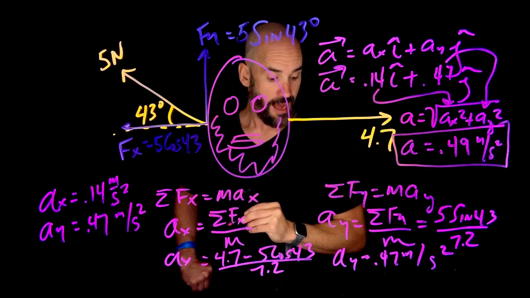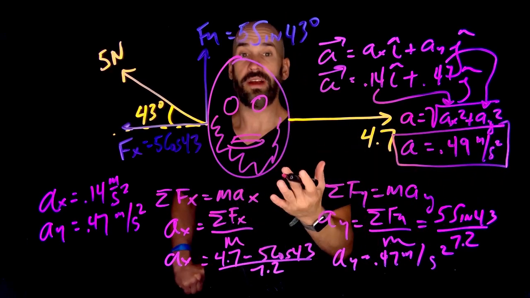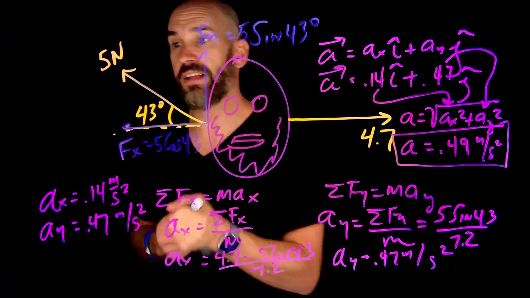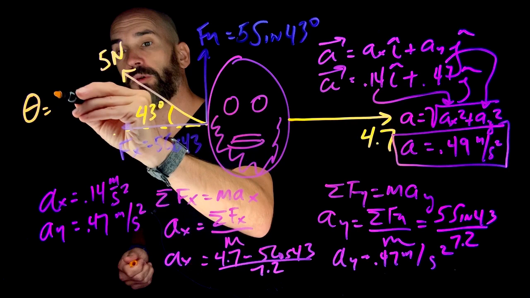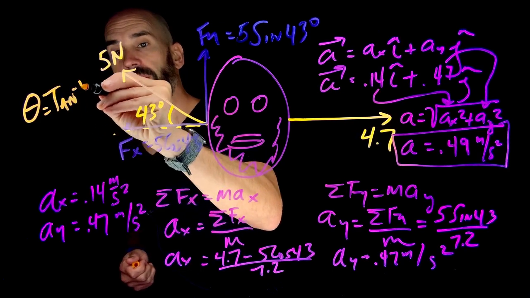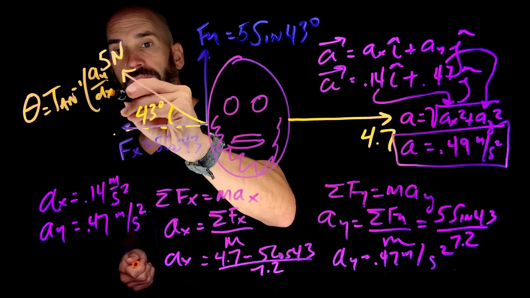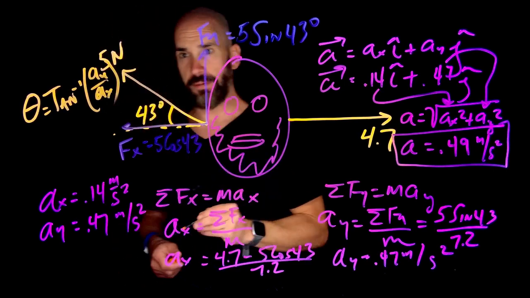Now the next question is, what is the direction? You guys by now know that to find the direction, theta is just equal to the tan inverse of the y component over the x component. True story.